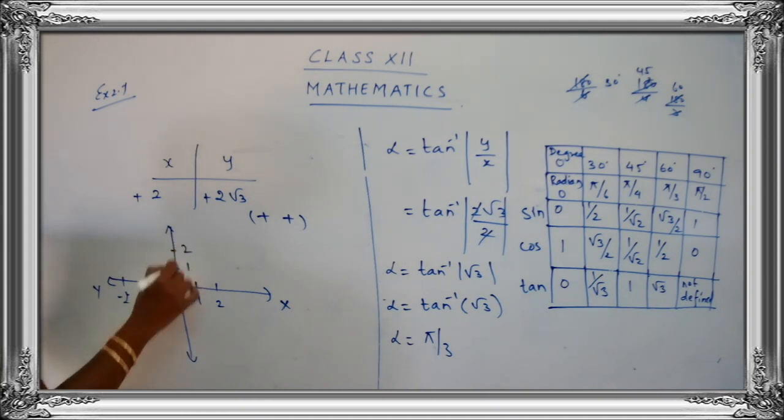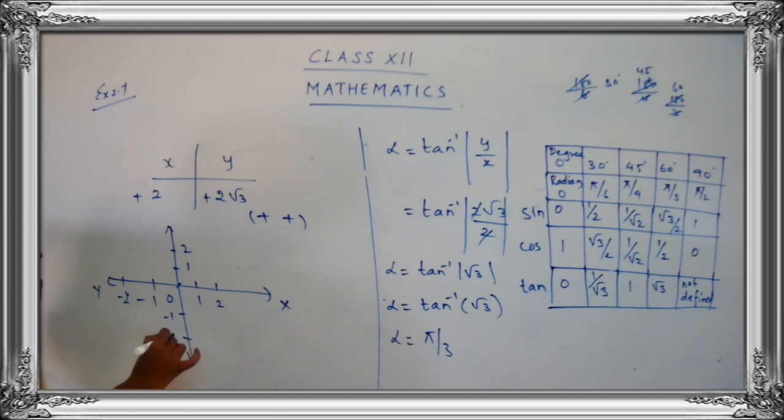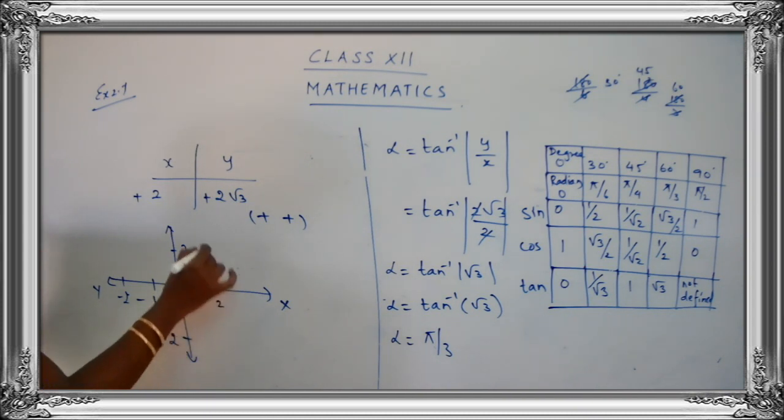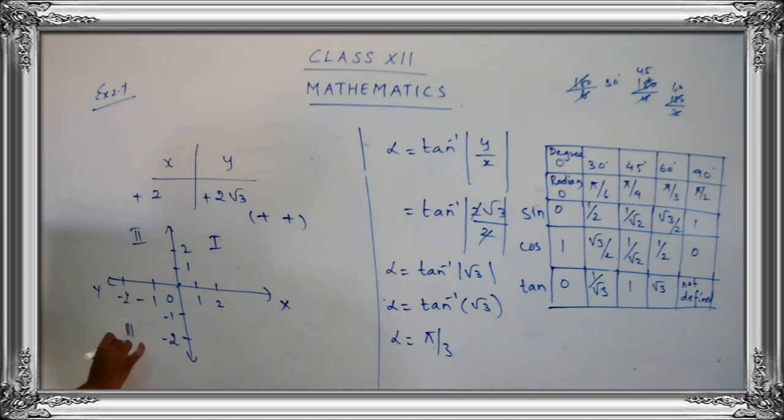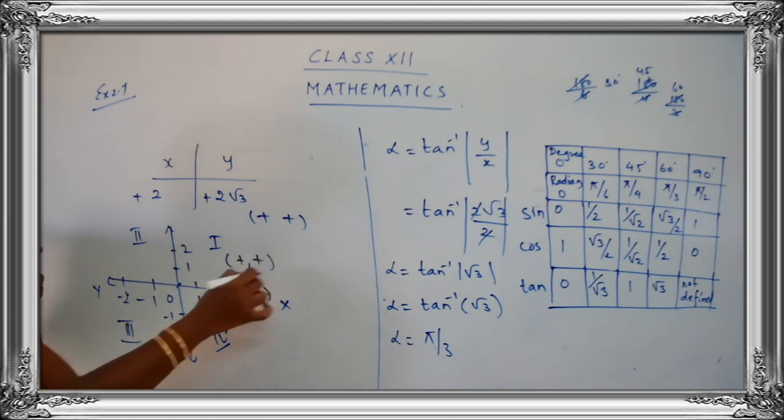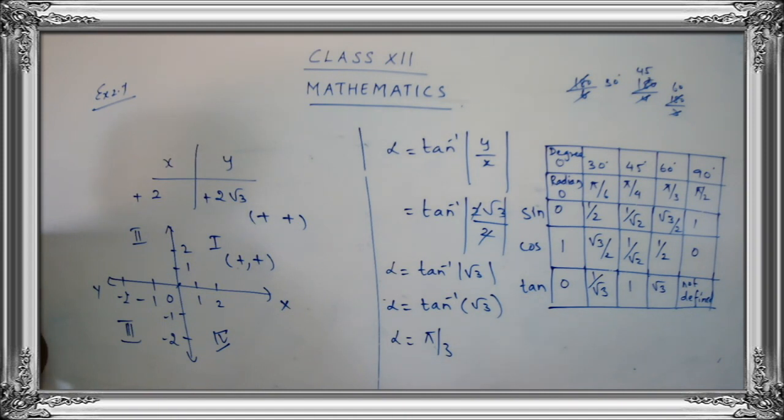Again we put a positive number here and a negative number here. That gives the first quadrant, second quadrant, third quadrant and fourth quadrant. For the first quadrant, x is positive, y is positive. So the sign is plus plus. For the second quadrant, x is minus and y is plus. So what is the sign for the second quadrant? Minus plus.